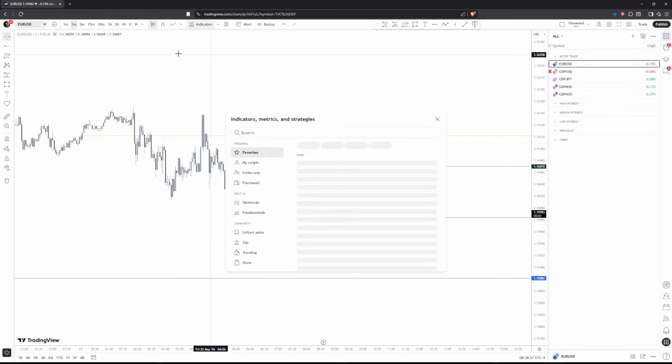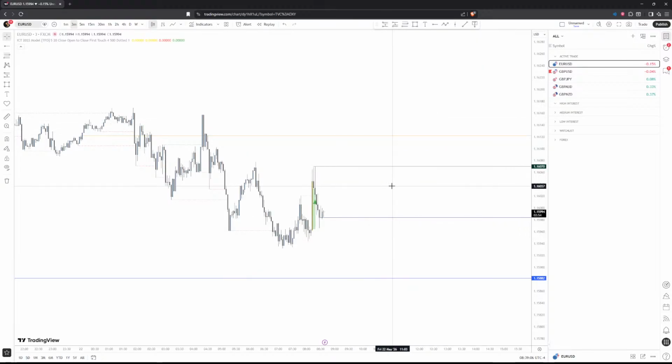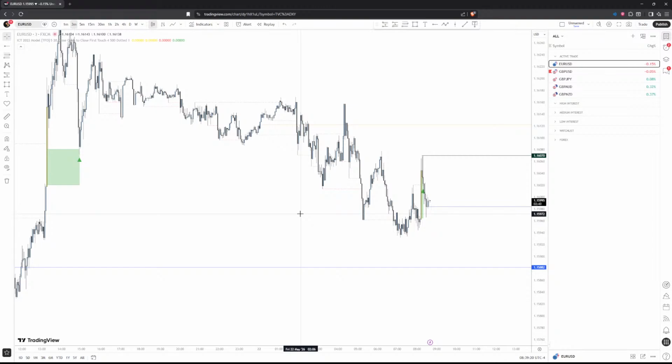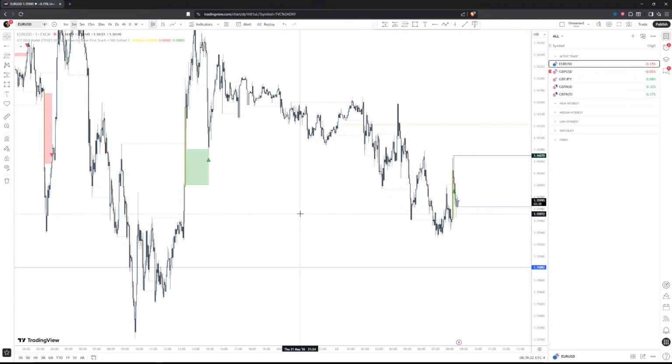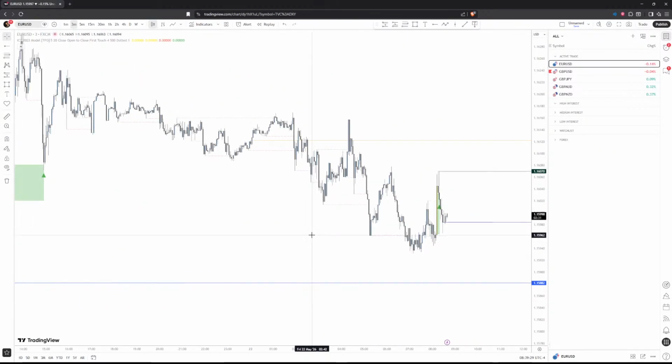Let me get an indicator really quickly. What was this? This is not the model.